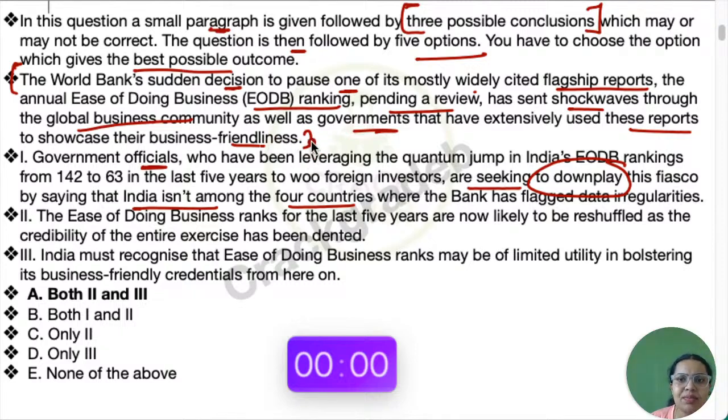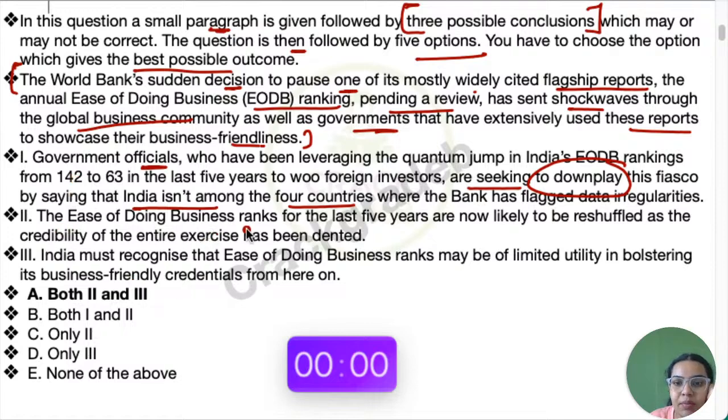Doesn't look like it. Yes, people are shocked. Yes, there is a decision to pause one of the reports, and that was one of the reports that we were using nicely. But exactly the first thing, and also you are supposed to mark the best outcome. It makes no sense, and we don't have exactly the proof for the first one. Since all three of them are outcomes, they are going to be imaginary. Okay, so there you go.